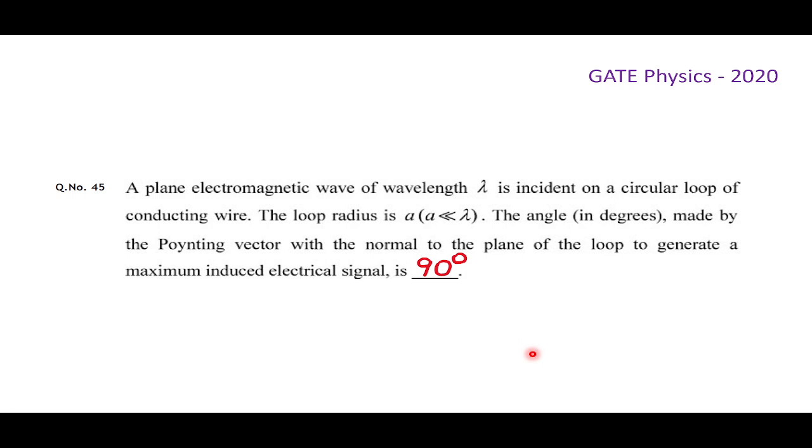See, if you consider your radius is lambda by 2, your diameter is lambda. If you consider two points connected by a diameter, what should be the phase difference between the magnetic field at those two points? That should be pi, right? Yes, sir. So the direction will be opposite at those two points, right?